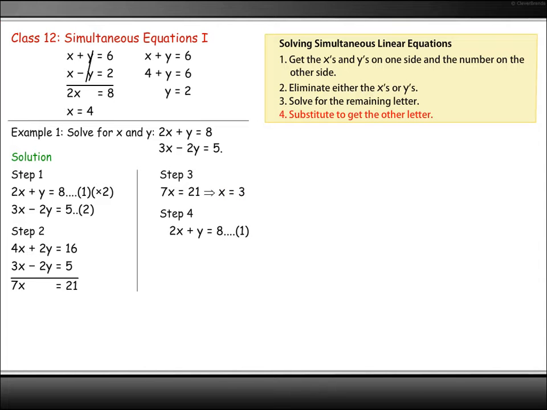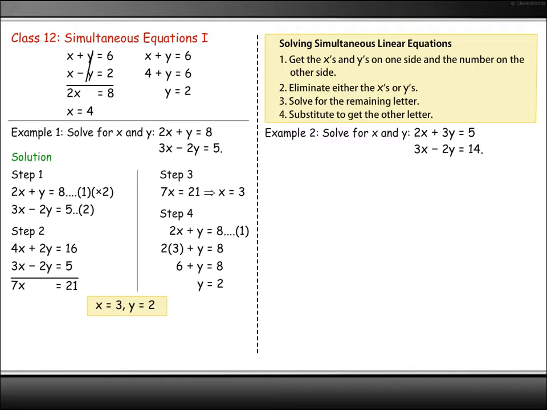Substitute this value of x into equation 1. X is replaced by 3. Solve for y to get y is equal to 2. The solutions are x is equal to 3 and y is equal to 2.